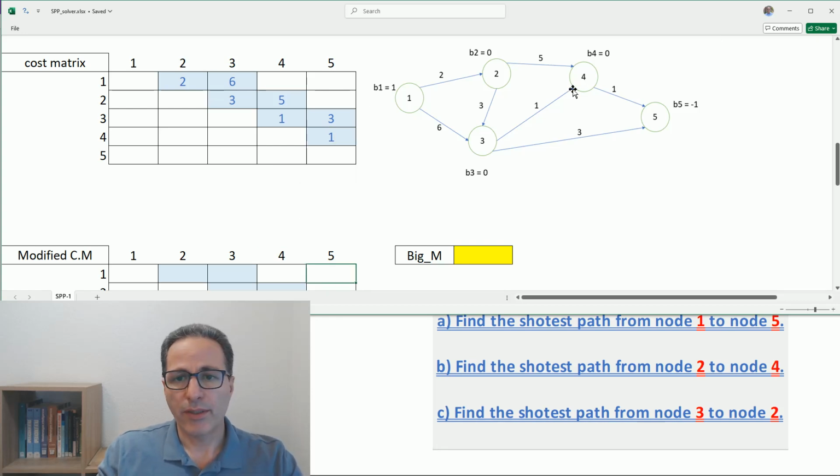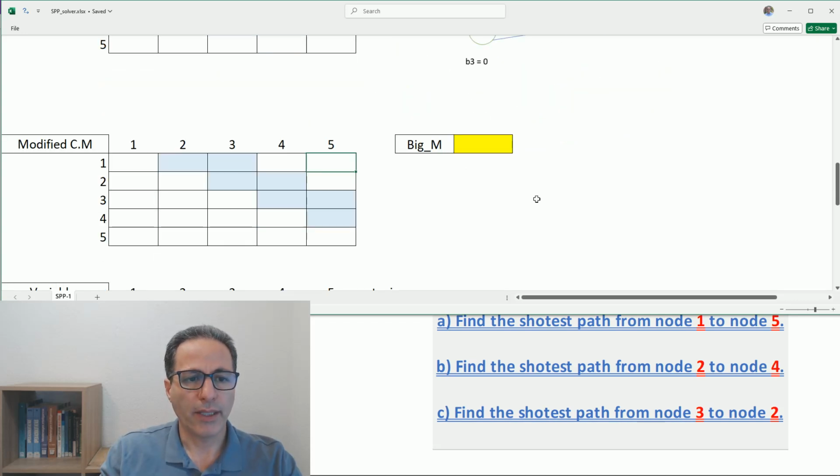This is the cost matrix based on the graph, but we want to modify it and write some values here that we are going to call big M. If we have this Cij as a large number, then it's going to penalize the objective function and avoid giving the value 1 for these xij's.